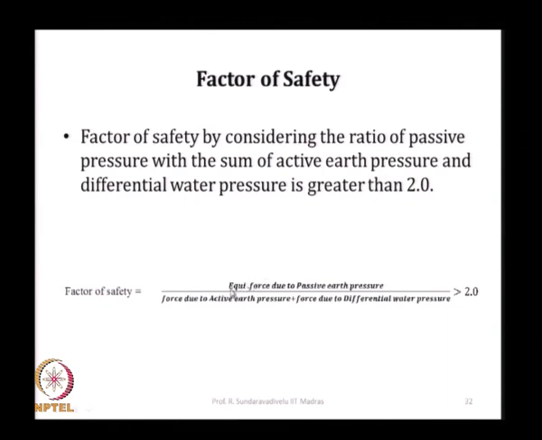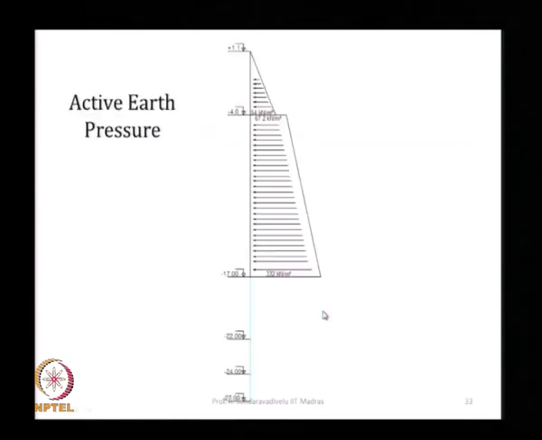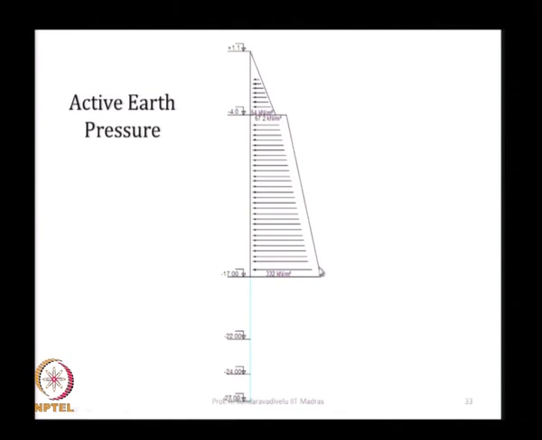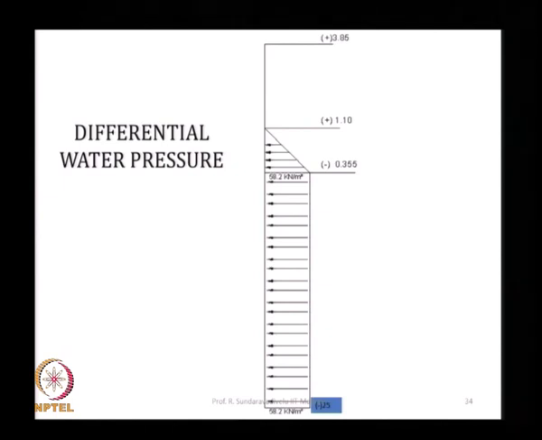This is the force due to passive earth pressure, this is force due to active earth pressure and due to differential water pressure. This is the earth pressure, active earth pressure depending on the soil parameters. This is the differential water pressure.